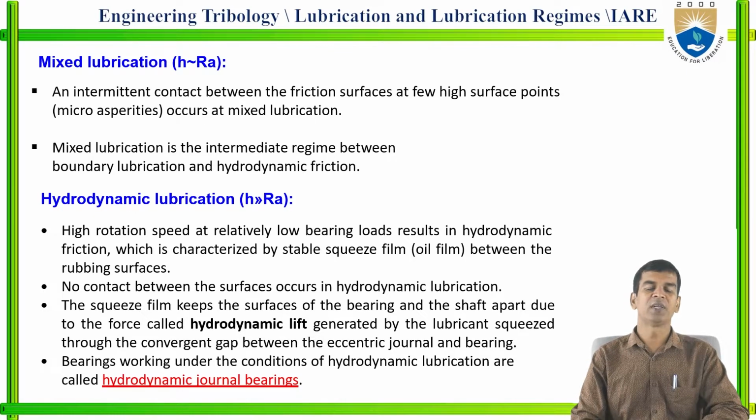High rotation speed at relatively low bearing load results in hydrodynamic lubrication. In simple terms, hydrodynamic lubrication occurs at low bearing loads and high rotation speeds, and is characterized by a stabilized oil film between the rubbing surfaces.